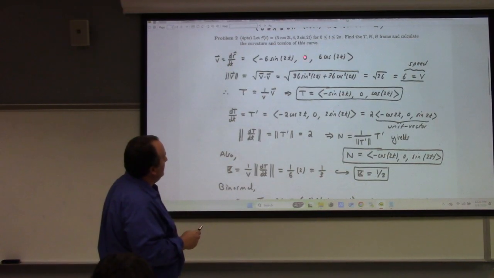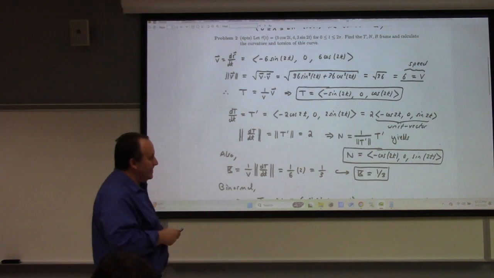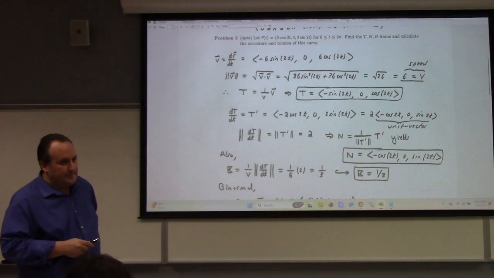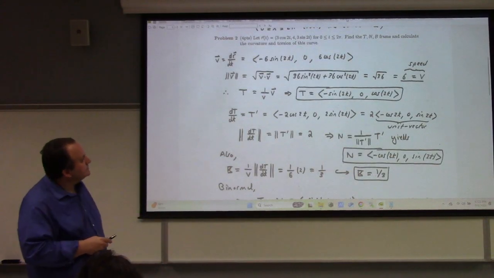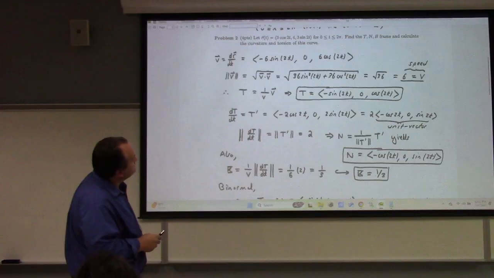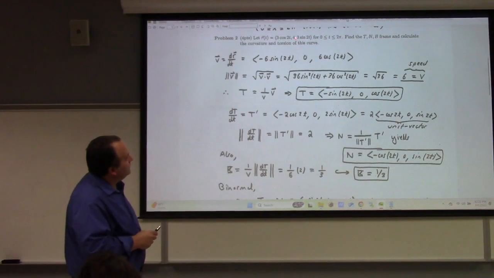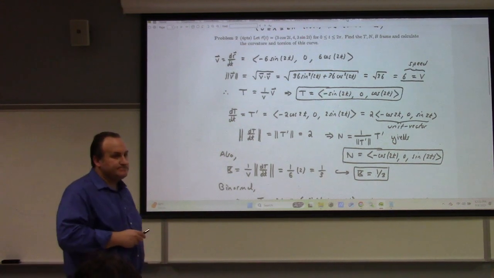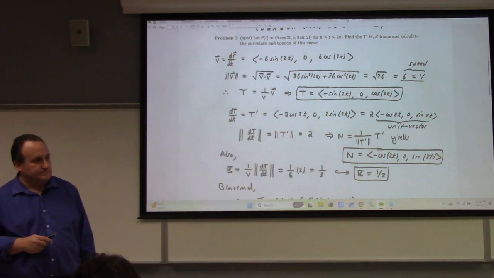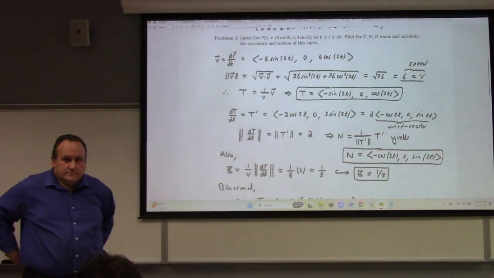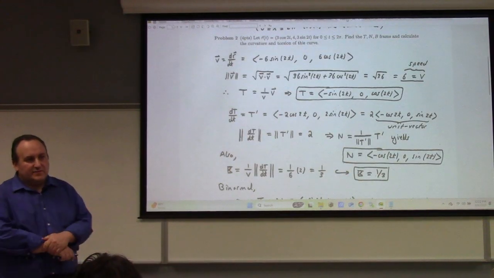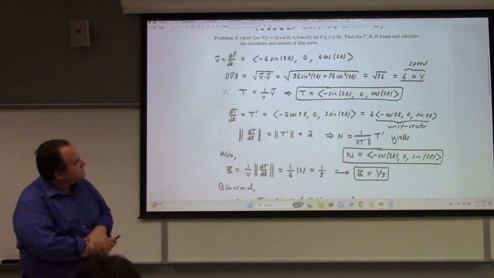What is this curve? If you look at this, x squared plus z squared equals what? 9.